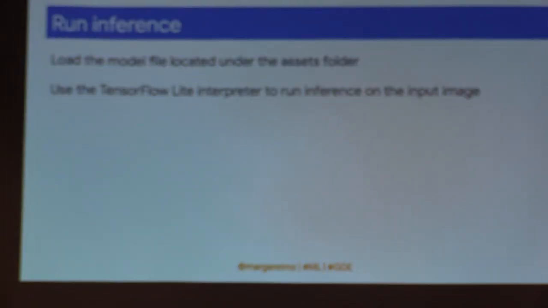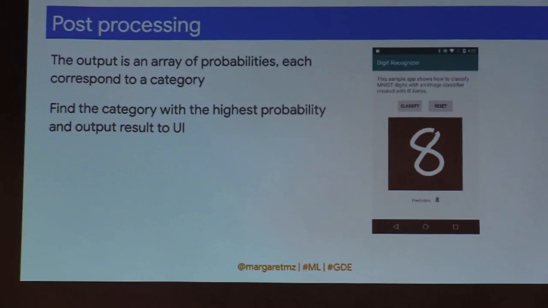And then you will run inference once you have this TFLite. You create an interpreter, and then you run the inference. After you run the inference, you get back a result. Now I'm talking about the simplest case of MNIST, coming back with an array of 10 probabilities, each corresponding to a digit. Then you need to pick the one with the highest probability.